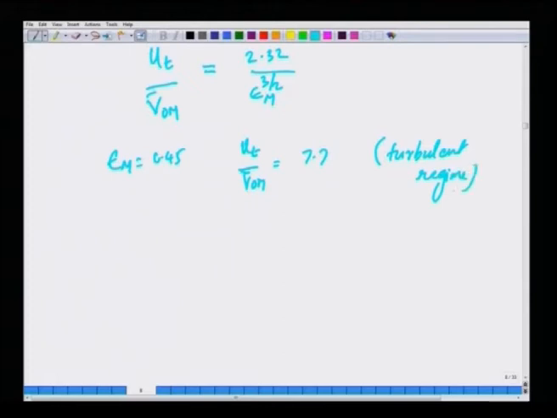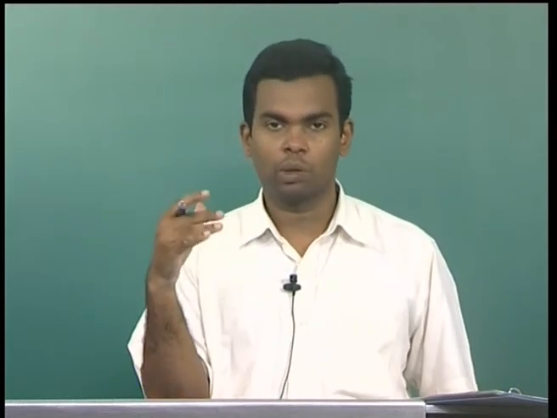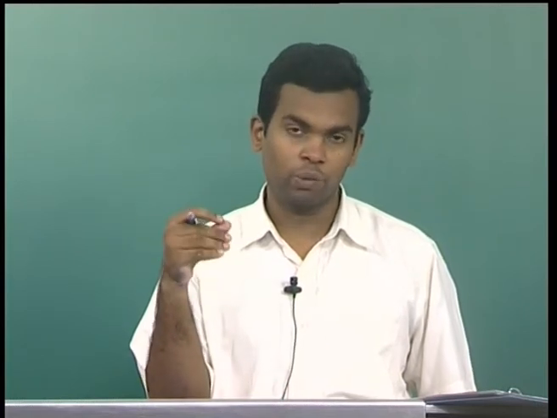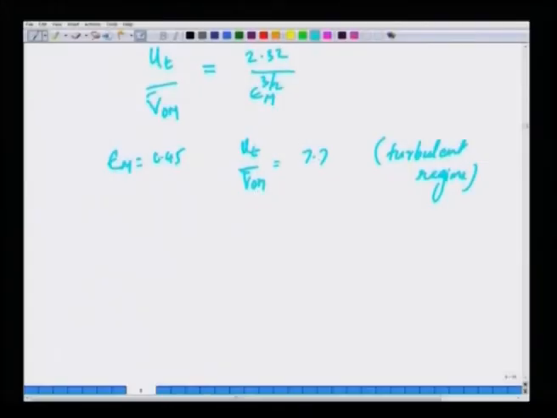Now, this implies that there is a higher chance of particles being entrained when the flow is in the turbulent regime, when you compare it with the laminar regime, where u_t by V_om was about 50. In the turbulent regime there is a chance that the particles will be entrained by the flow, because the ratio of the terminal velocity to the onset of fluidization velocity is not that high as in the case of laminar flow.